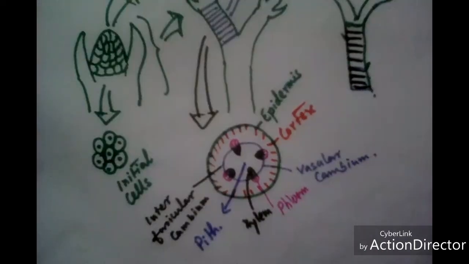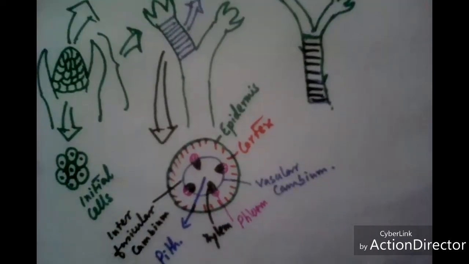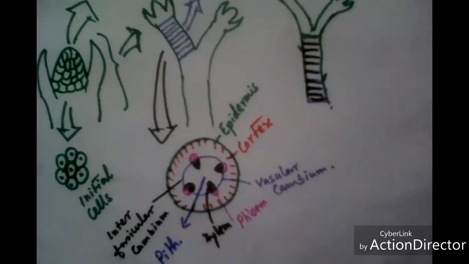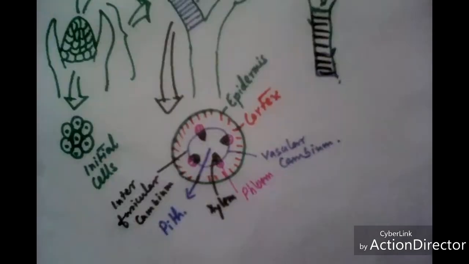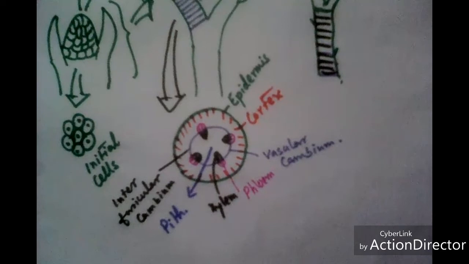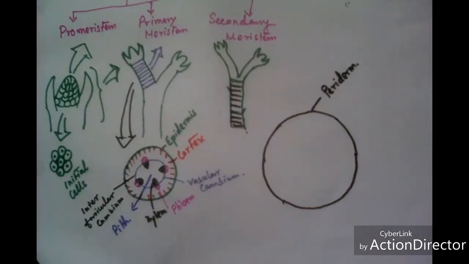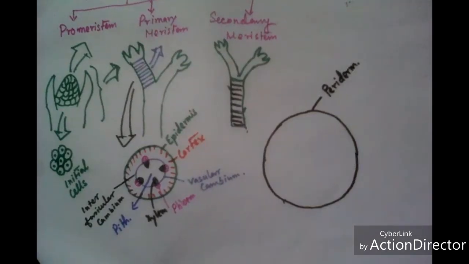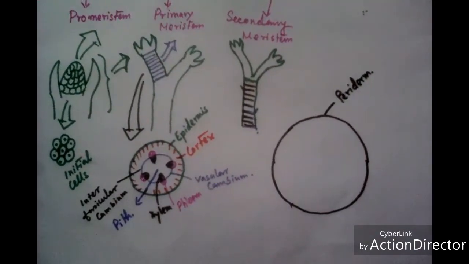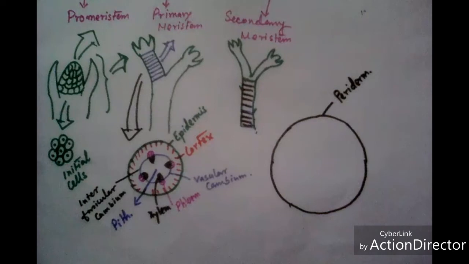Now secondary meristem. The secondary meristem zone is more mature than the primary meristematic zone, and the secondary meristematic zone contains periderm as the outermost layer. I discussed periderm in my previous video. Next to periderm, the cortex region is present.